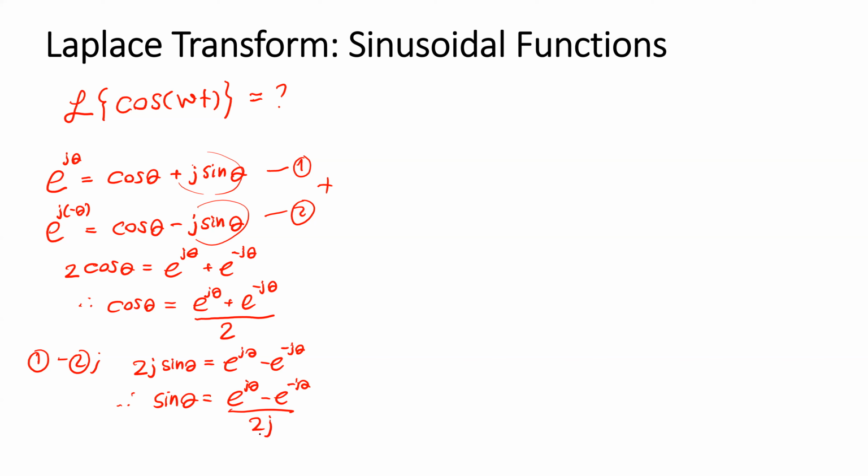I introduce this from here because when we need to obtain a Laplace transform, we need to obtain an integral from 0 to infinity of e power minus st and cosine omega t dt.